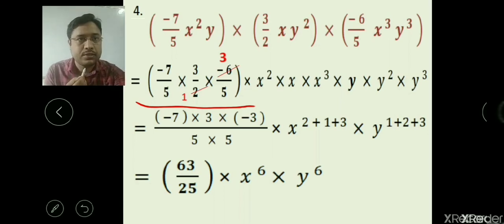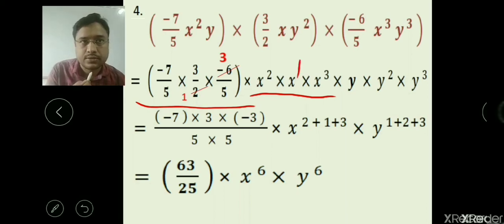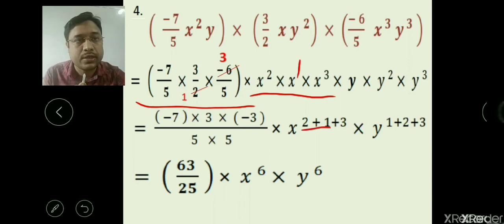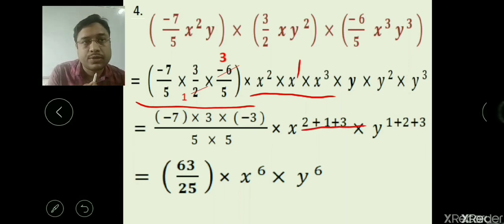Now the variables: x square into x to the power 3. So here x to the power 1 it is. If no power is given above x, that means its power is 1. So now you may add their exponents, because the base is the same, that is x. So 2 plus 1 plus 3, here I have added the exponents, is 6.